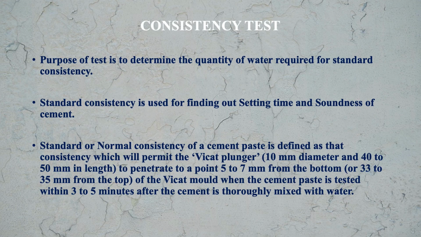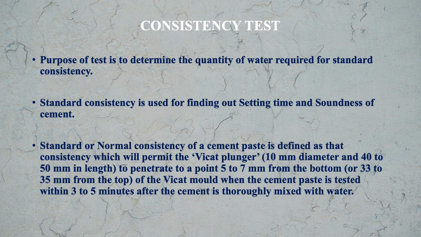Now the standard or normal consistency of a cement is defined as that consistency which will permit the Vicat plunger, which is 10 mm in diameter and 40 to 50 mm in length, to penetrate to a point 5 to 7 mm from the bottom or 33 to 35 mm from the top of the Vicat mold when the cement paste is tested within 3 to 5 minutes after the cement is thoroughly mixed with water.